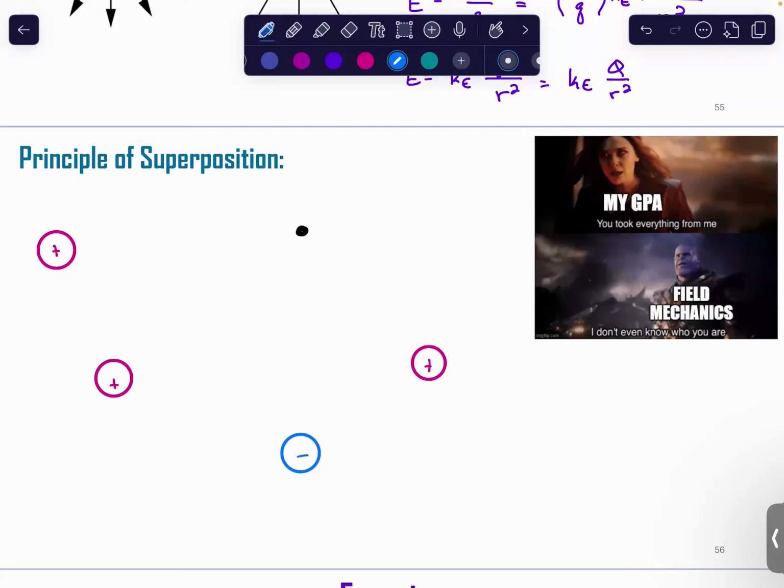Okay, so let's see, we'll call these Q1, Q2, Q4. That's Q3. We could say negative Q3.